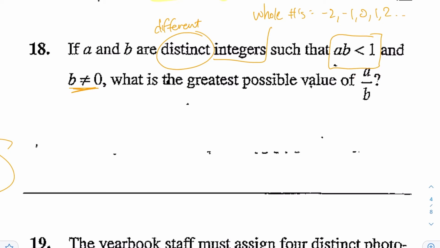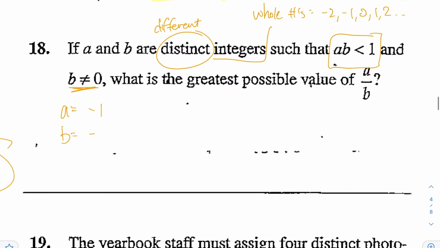So it could be negative. For example, a is -1, b is +3, for example, a times b will be equal to -3, which is definitely less than 1, but a divided by b will be -1/3, which will be negative.